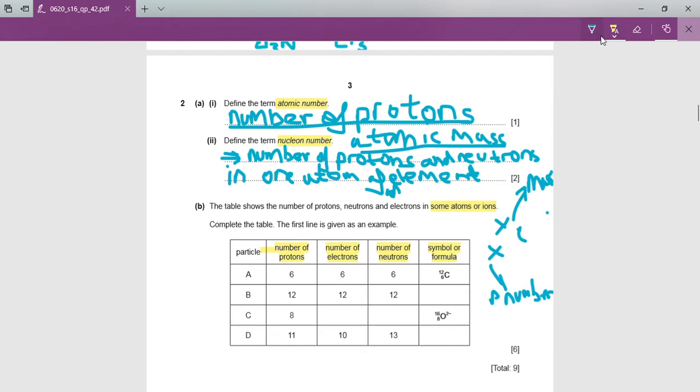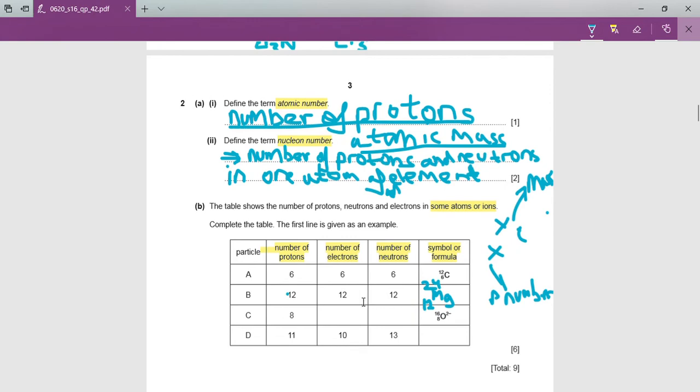For the next one, it says 12 protons. Looking at the periodic table, you already know that's magnesium, Mg. At the bottom you put 12, the proton number. And the y value, or the top value, is going to be the sum of the protons and the neutrons. So it's going to be 24.